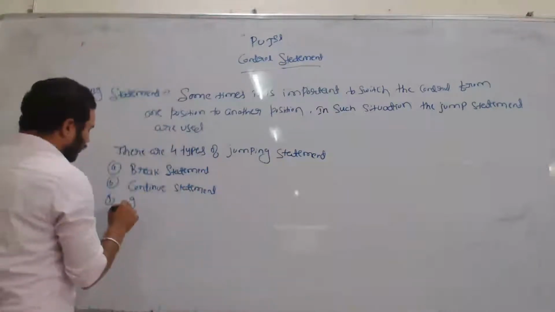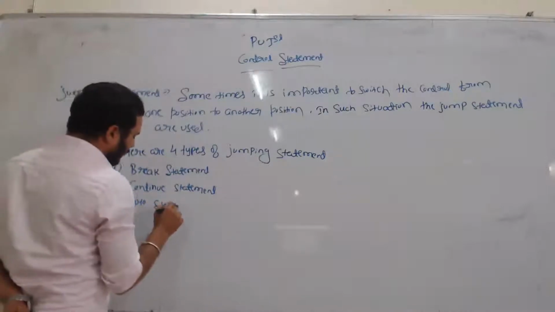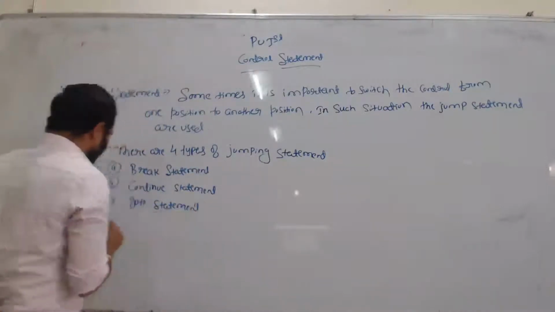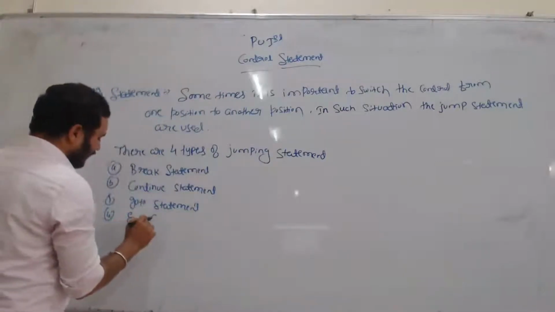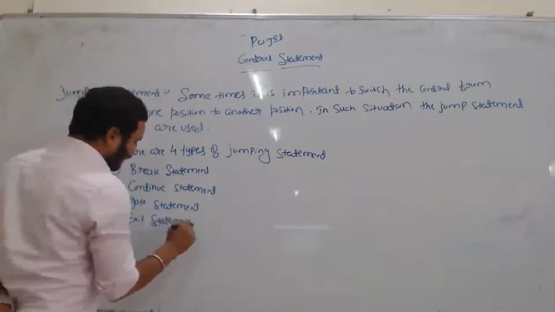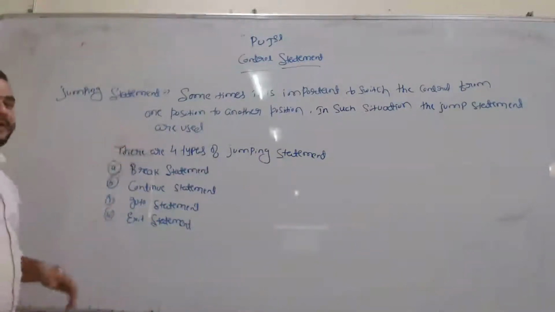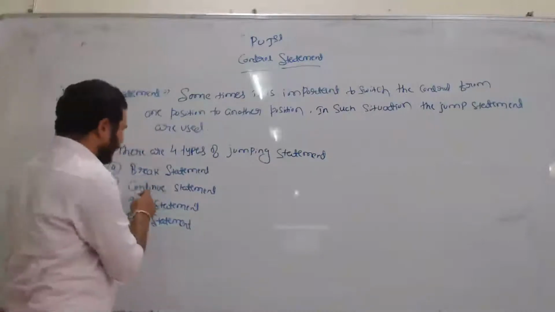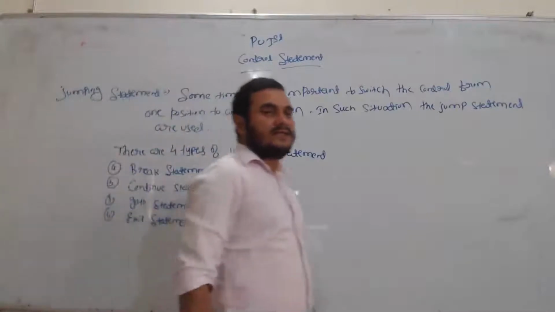The third one is the goto statement. The last one is what? The exit statement. Right? So there are four types of jumping statements: the break statement, continue statement, goto statement, and the last one, the exit statement.